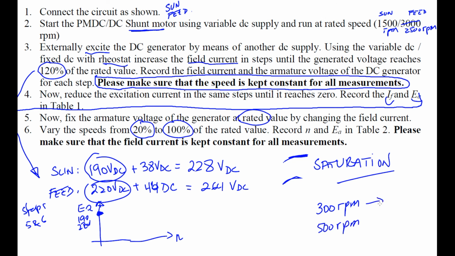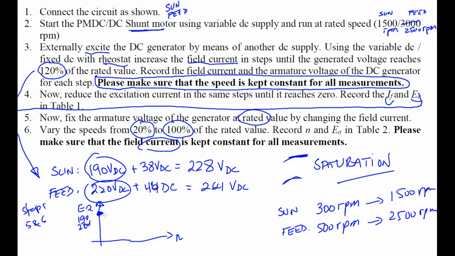So from 300 toward 1500 RPM for the sun station, and from 500 toward 2500 RPM for the feedback station. Same philosophy: we have to keep our eye on the current, because we fixed the current before we change the speed.